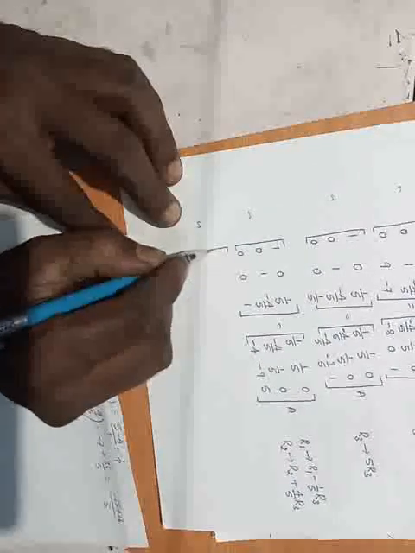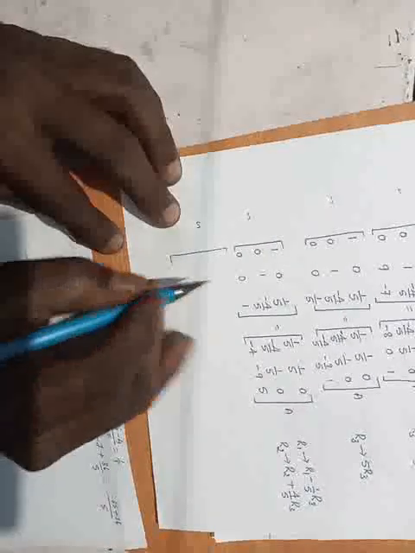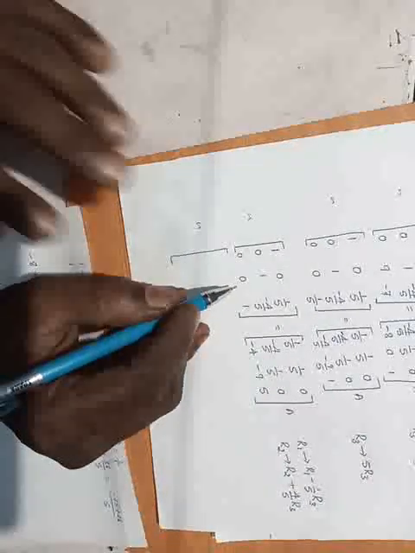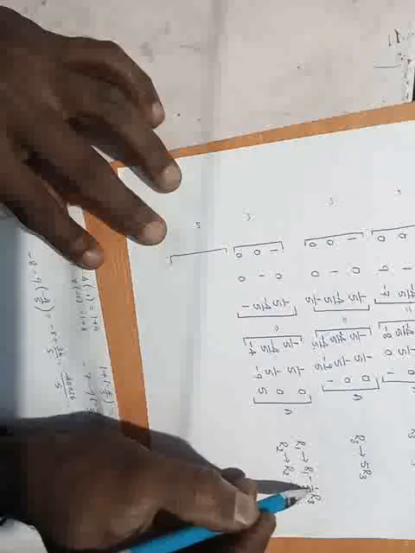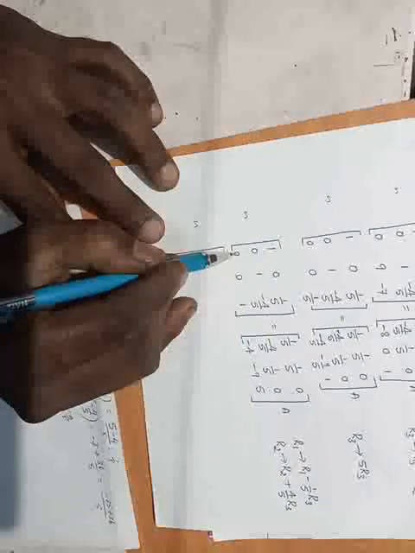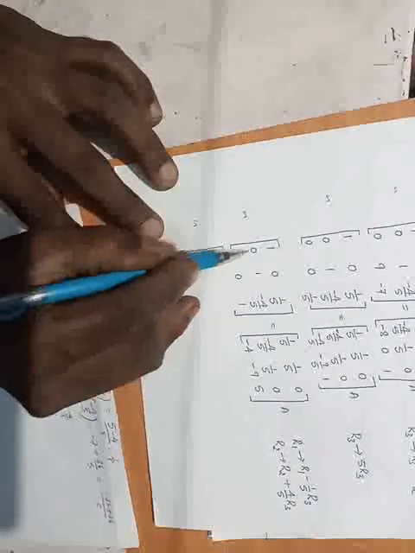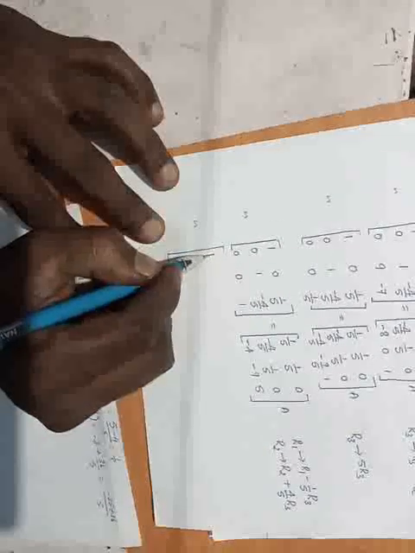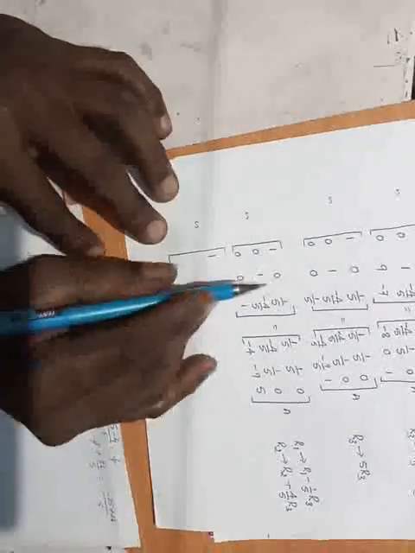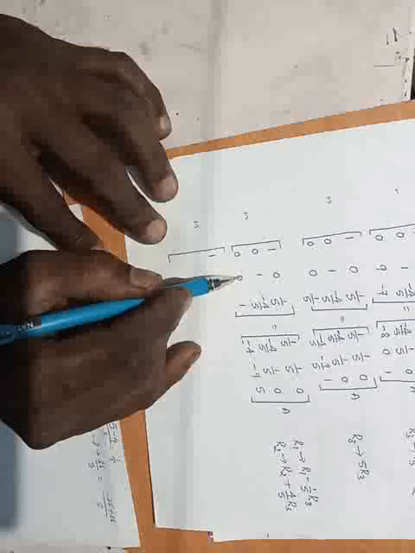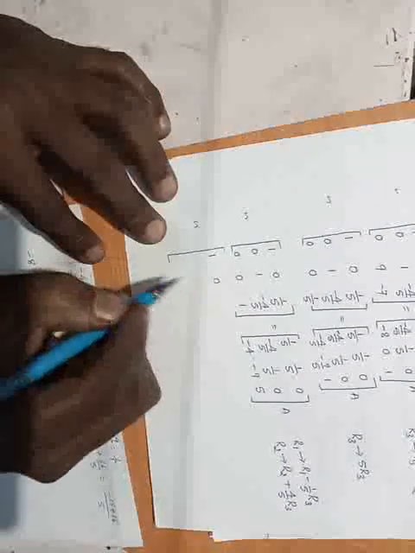So this matrix is now equivalent to, first row I am changing like this. R1 minus 1 by 5 R3. R1 minus 1 by 5 into 0 is 0 only. 1 minus 0 is 1 only. So we get 1. Next 0 minus 1 by 5, this we get 0.